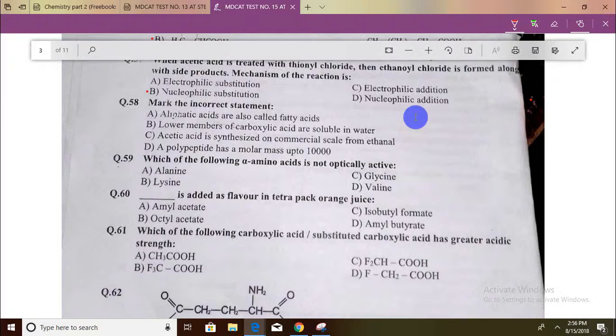And acetic acid is synthesized on commercial scale from ethanol. Well, it's certainly a possibility. And a polypeptide has a molar mass up to 10,000 AMU. This is true. This is also true. And this is only partially true, so we'll mark this.